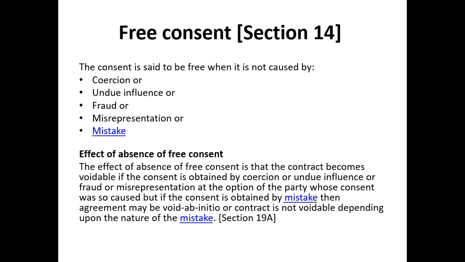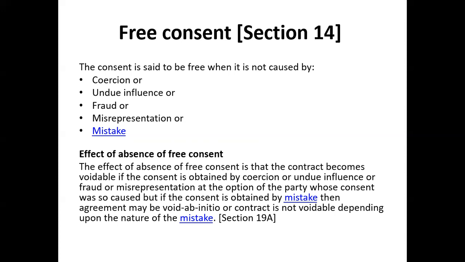We can also explain void ab initio as a contract that is null from the beginning if it seriously offends law or public policy, in contrast to a contract which is merely voidable at the election of one of the parties to the contract. In practical terms, void is usually used in contradistinction to voidable and unenforceable. The principal difference is that an action which is voidable remains valid until it is avoided.